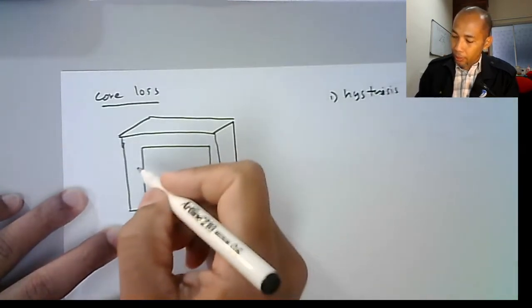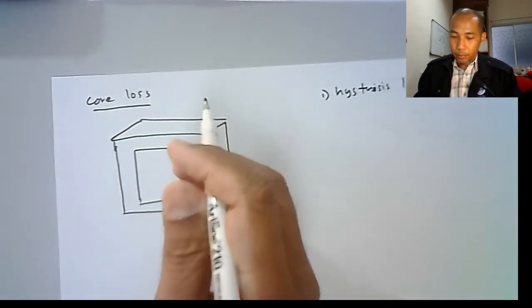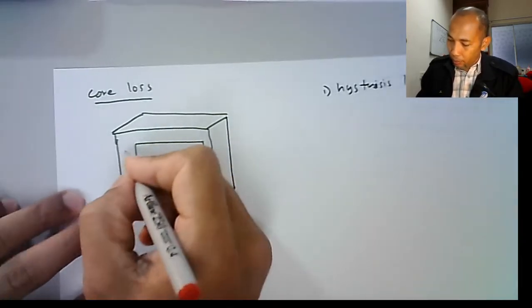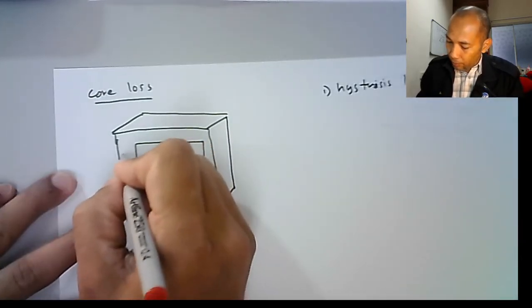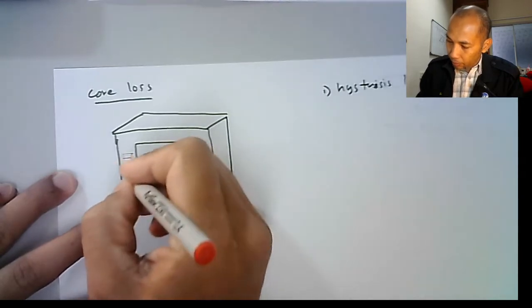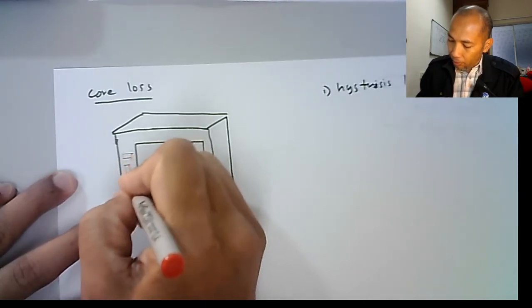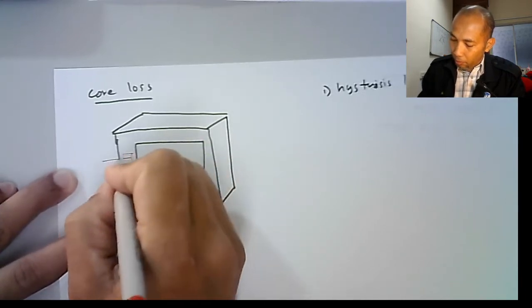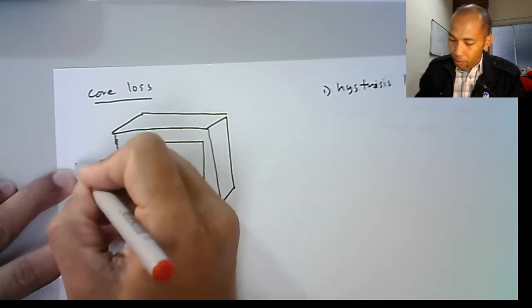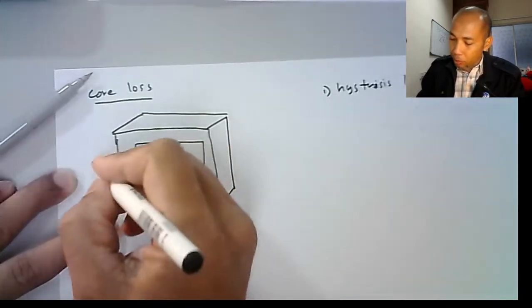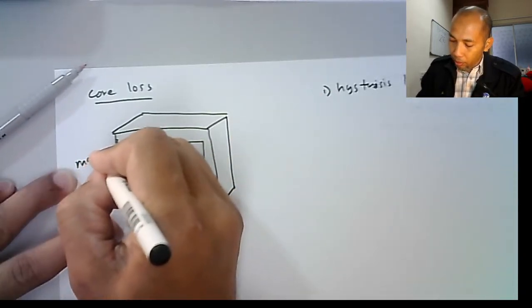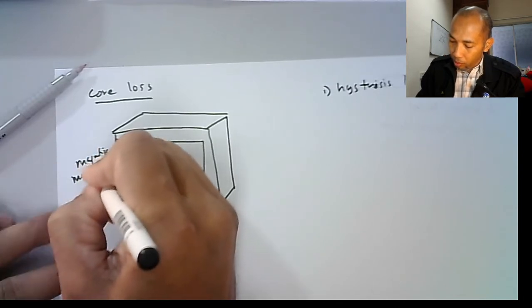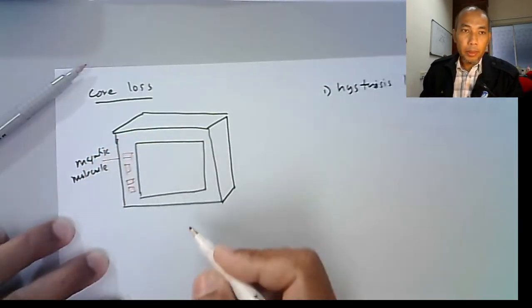We know that for magnetic material, the orientation is like this. That one is the magnetic molecule.